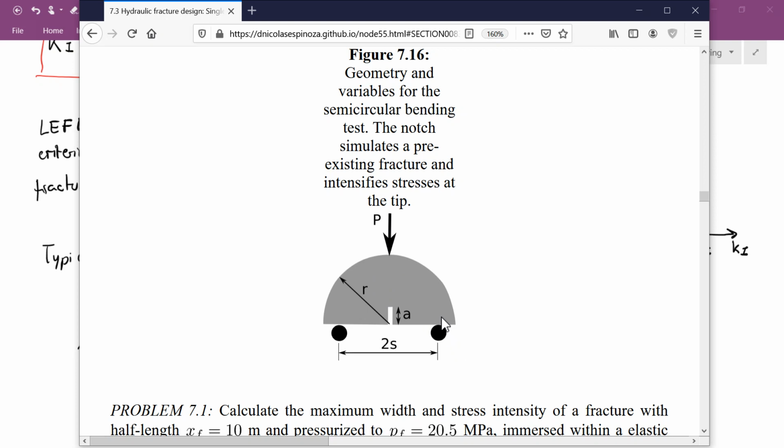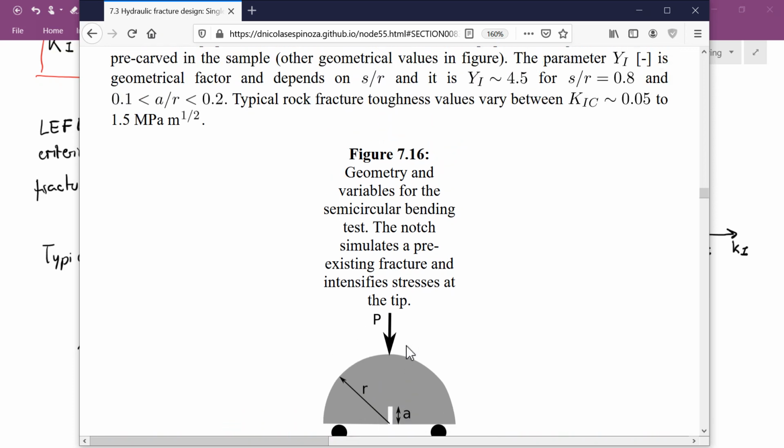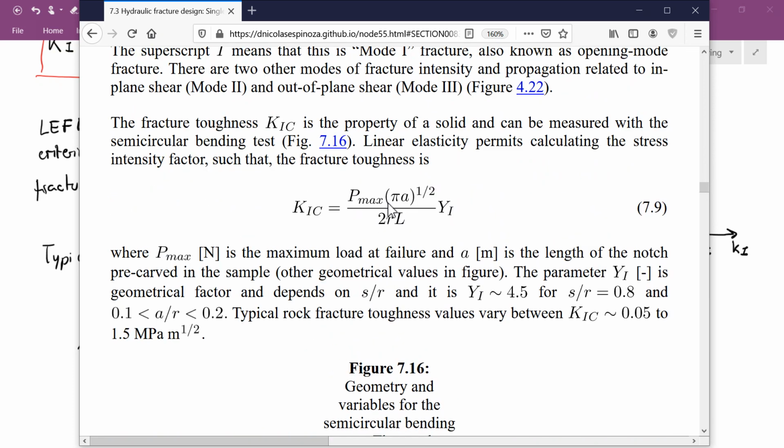By assuming linear elasticity and isotropy in this solid, I can relate the stress intensity factor at the tip, at which the rock fails, to the load applied and the geometrical conditions. And the solution for that is right here.